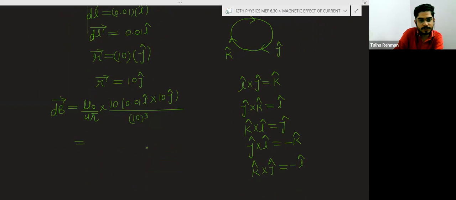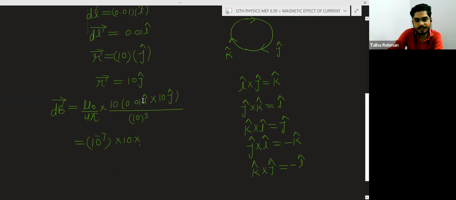Just put all the values. Mu naught divided by 4 pi is 10 to the power minus 7, and this is 10. When you multiply 0.01 into 10, you can multiply these because they are numerical values, and you will get 0.1 only. Here you now have i cross j, and in the denominator you have 10 to the power 3.